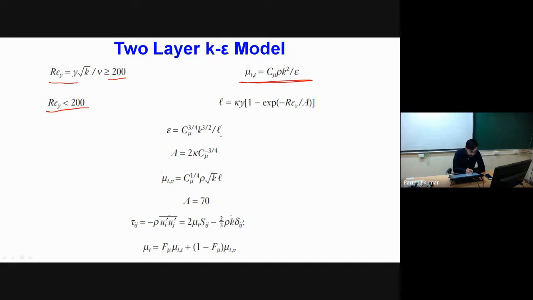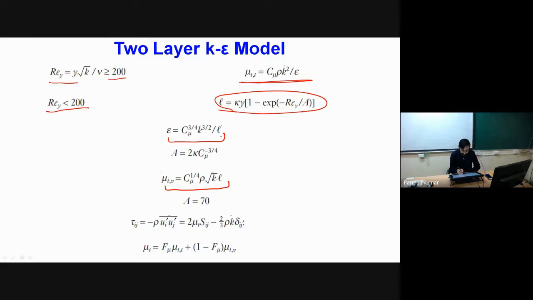When our Reynolds number is less than 200, at that time we find the length scale of the turbulent eddies, and our epsilon value is also corrected. Once this epsilon value is corrected, based on that we define a new turbulent viscosity, which we call the viscous dominant turbulent viscosity.